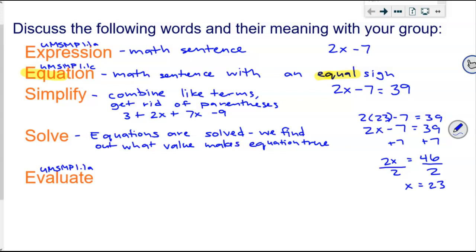For the sake of time, I'm going to call on just one more hand. Trinity, who actually went to 1.1a to look it up. Yep. We wrote this down. Substitute a number for a variable, then simplify.